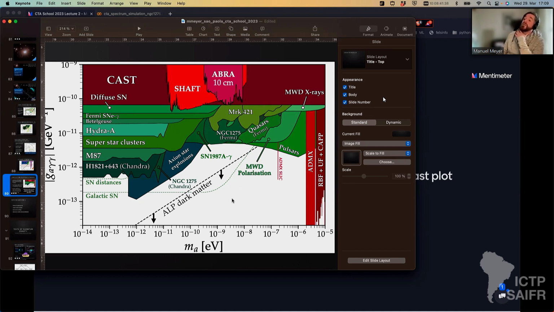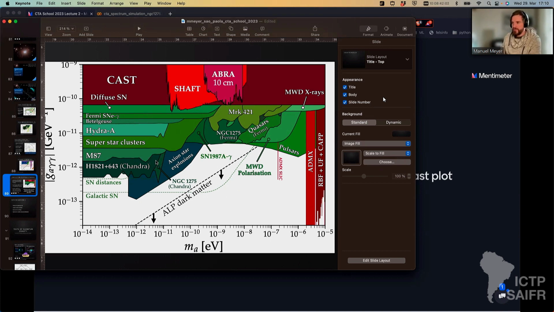Okay, so for this line, here the particles make up all of the dark matter. If they're only a subfraction, then you would move up here, okay? But as I said before, for all of these searches, you actually don't require axion-like particles to be dark matter.